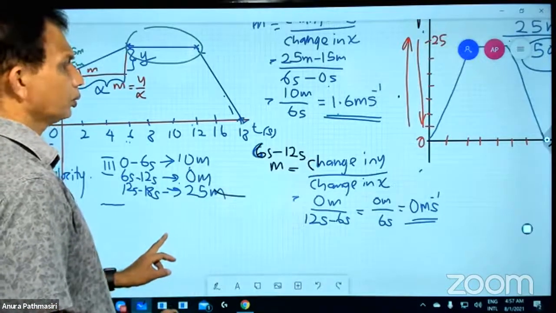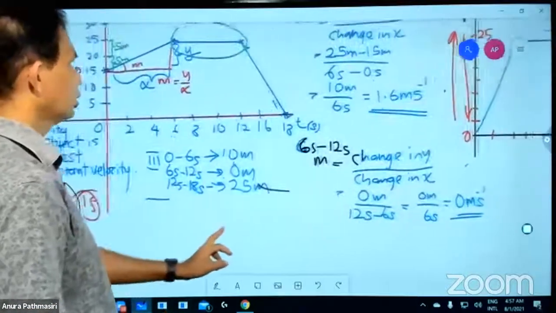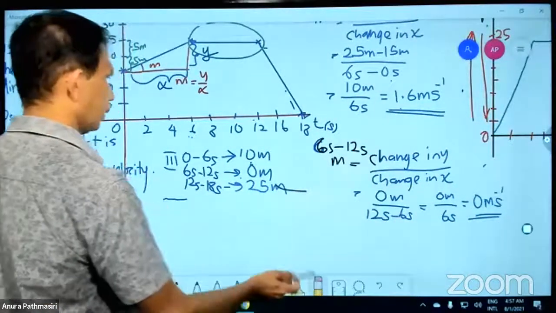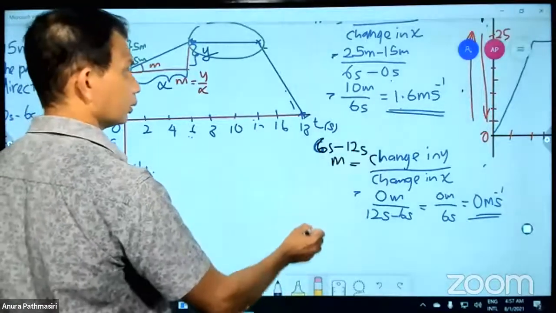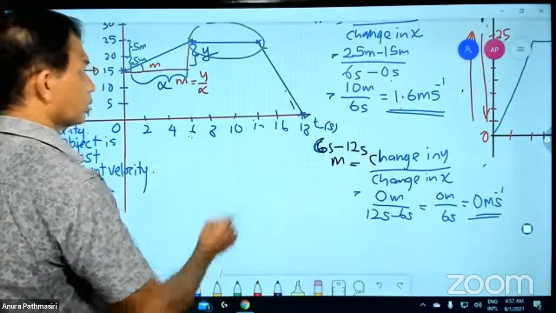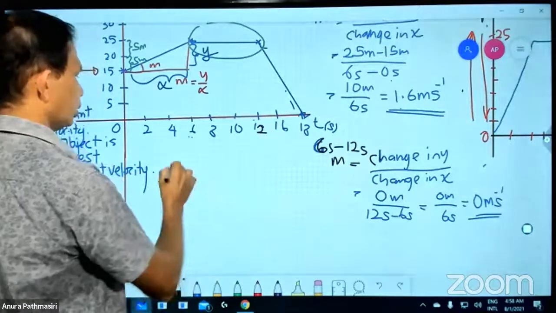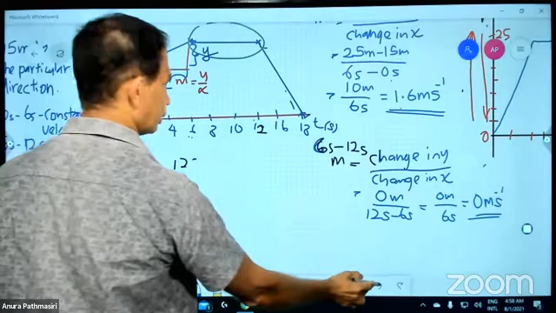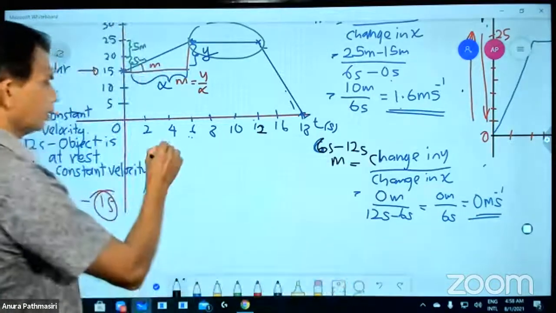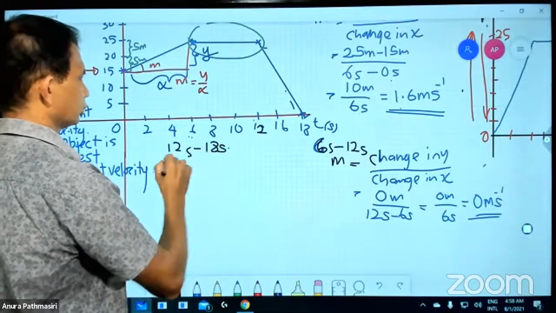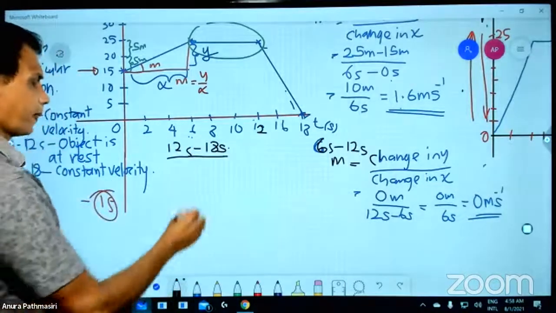So I'm going to use this space for that one. Going to clean. Right. So this is 12 second to 18 second.